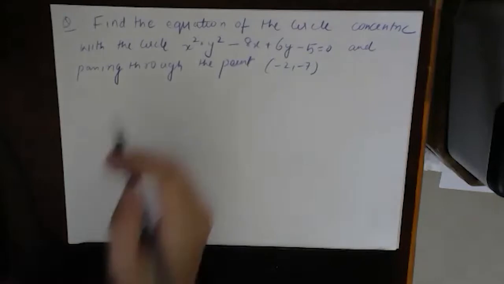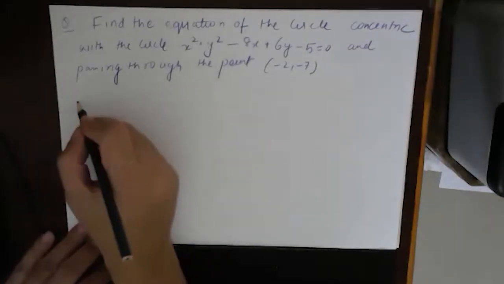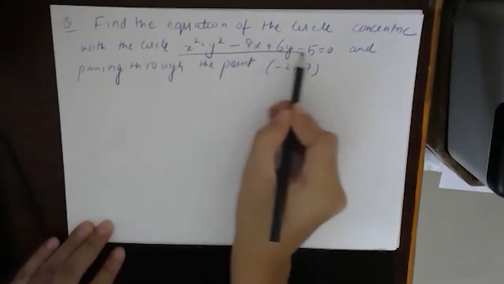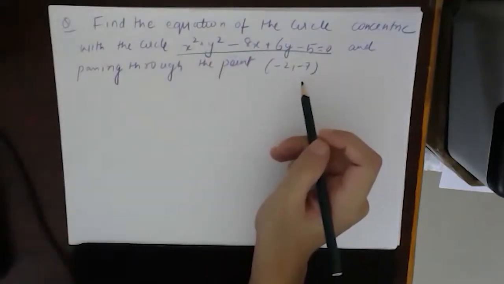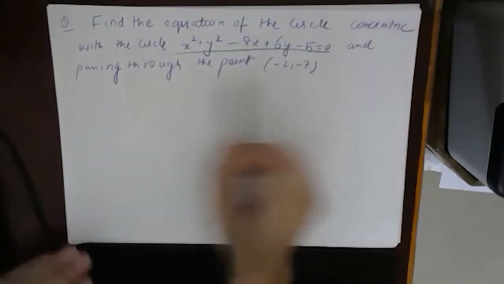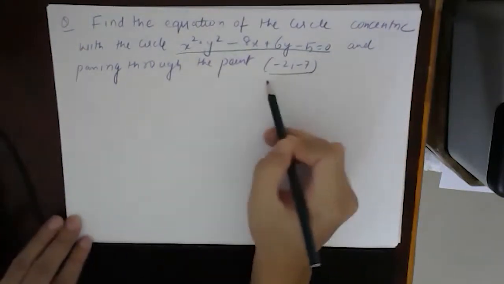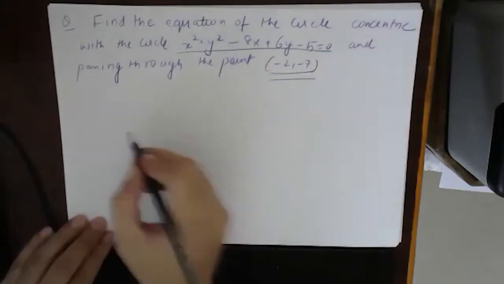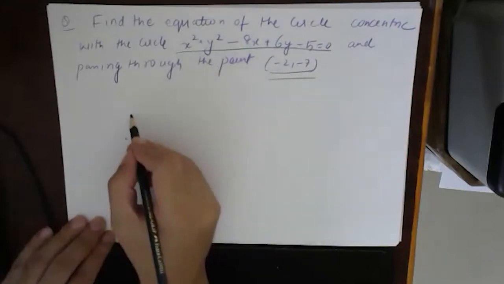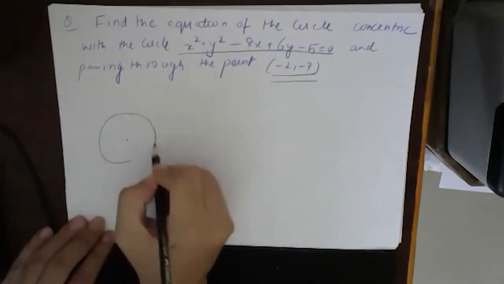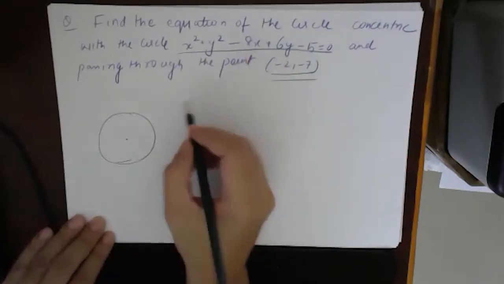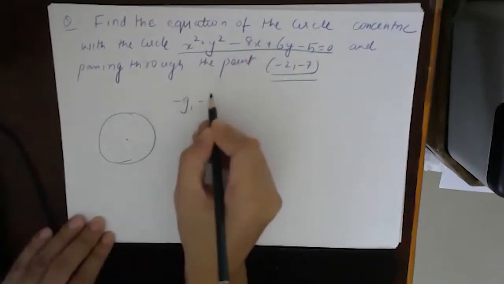Okay, so let's see. This question is very simple. They have given the equation of one circle, with which the other circle is concentric, and it is passing through the point minus 2 comma minus 7. So the center of the circle will be minus g comma minus f.